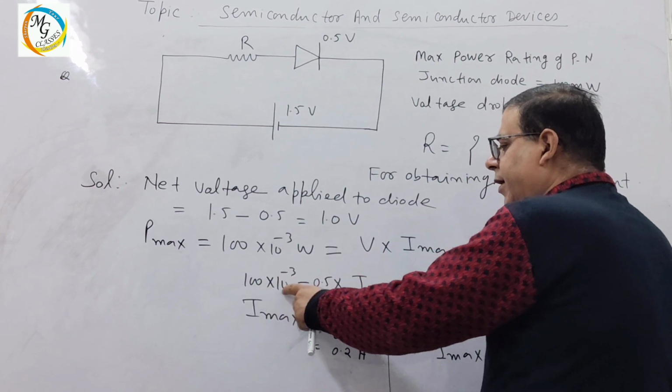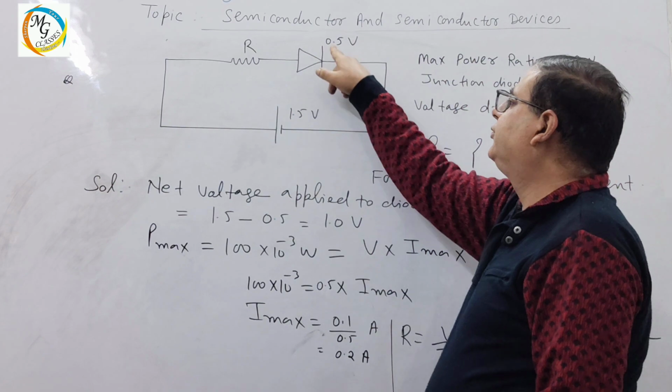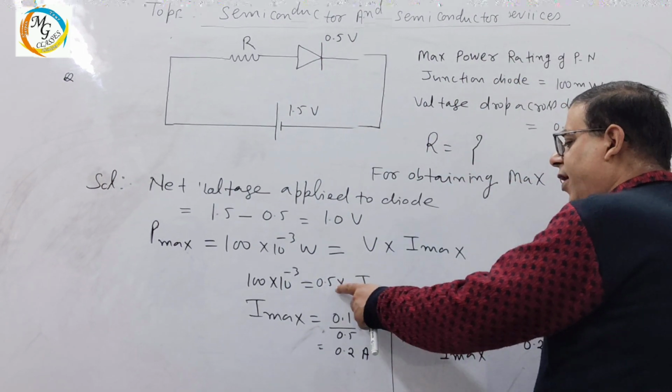Power is 100 into 10 to the power minus 3, and the voltage of this diode is 0.5, into current. So from here we get the maximum current as 0.1 divided by 0.5, which is equal to 0.2 ampere. This current has to flow through the p-n junction diode when this is the power rating.